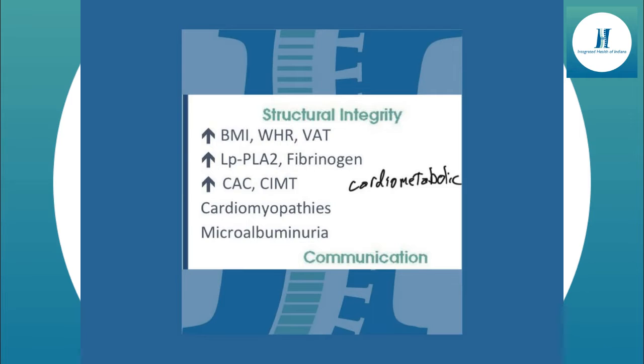If you have increased fibrinogen, you have increased clotting factors. This is your coronary artery calcium score and your carotid calcium score. And so if that increases, then you know that the blood vessel loses its integrity. And these are all parts of the structural node. And that's why that is so important.